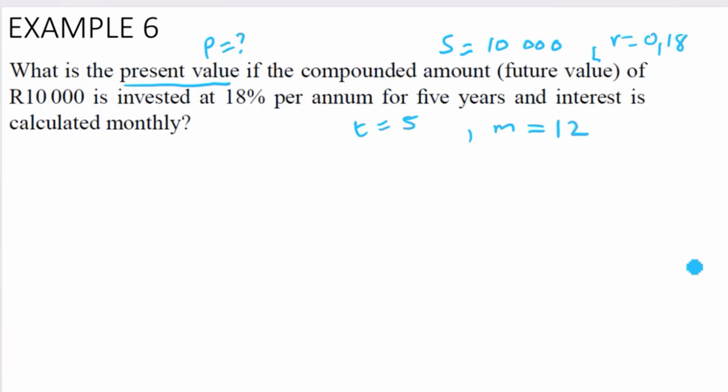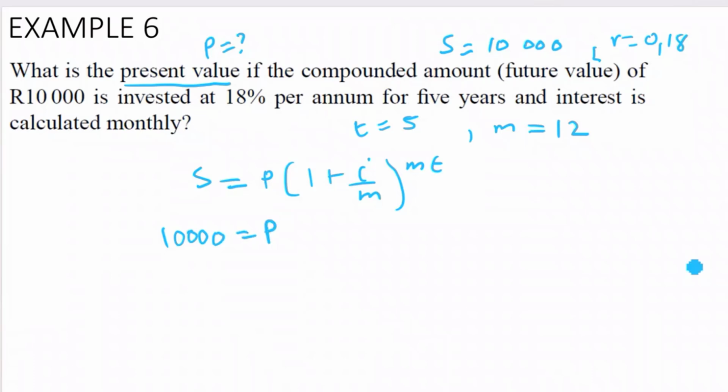Okay, so now your formula is going to be S is equal to P into (1 plus i over m) to the power mt. So your S here is 10,000. You are looking for your P, 1 plus your i is 0,18.